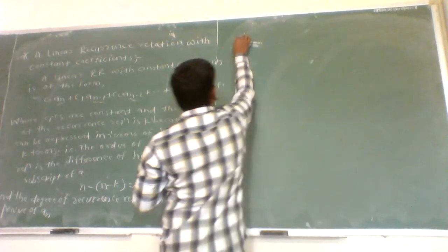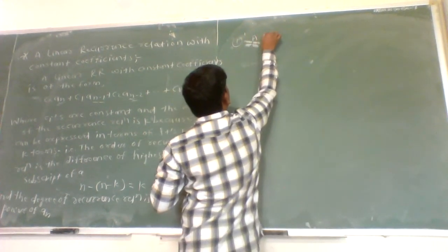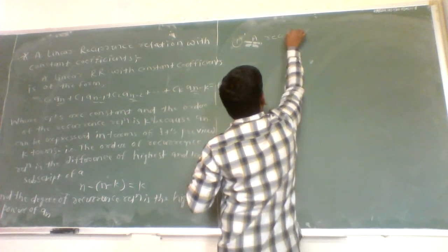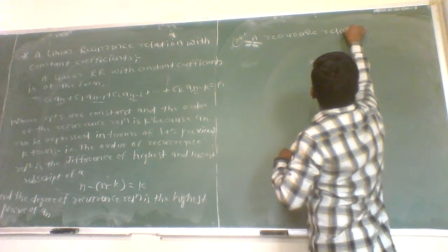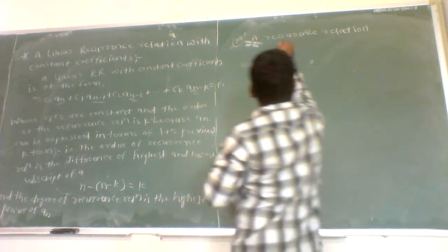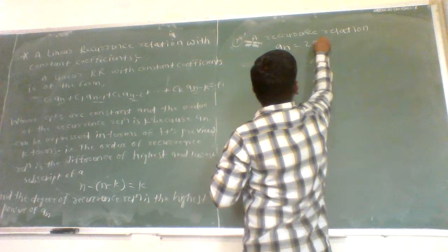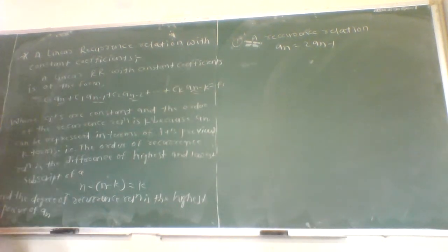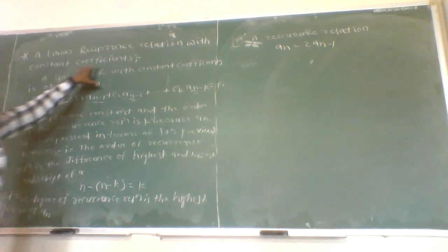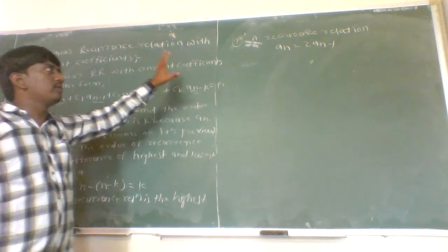First one is a recurrence relation a_n equal to 2 times a_{n-1}. According to the definition of a homogeneous recurrence relation with constant coefficients, a recurrence relation is said to be homogeneous if its f(n) is equal to 0.